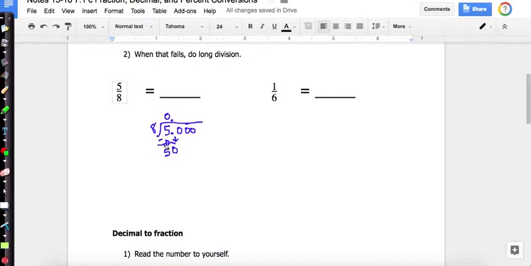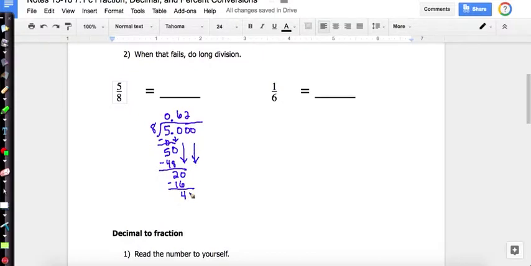So bring down the 0. 8 goes into 50 6 times. 6 times 8 is 48. Subtract. 50 minus 48 is 2. Bring down a 0. 8 goes into 20 2 times. 2 times 8 is 16. 20 minus 16 is 4.